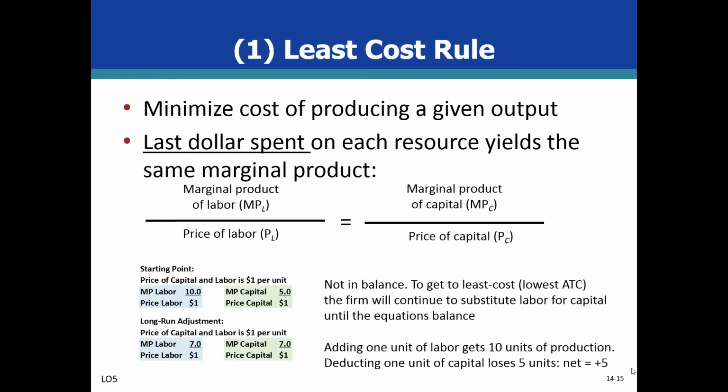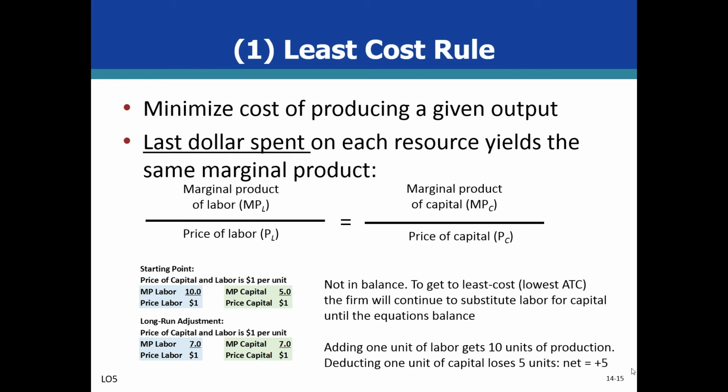Least cost rule. The last dollar spent on each resource yields the same marginal product. So on the left, we have the marginal product of labor divided by the price of labor.